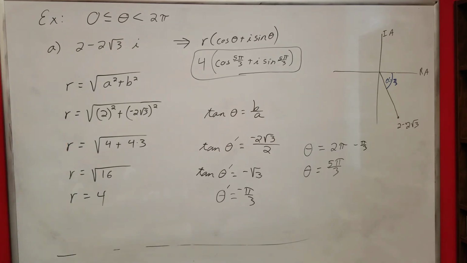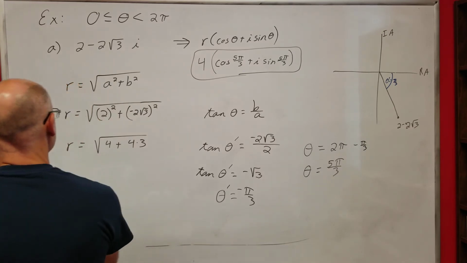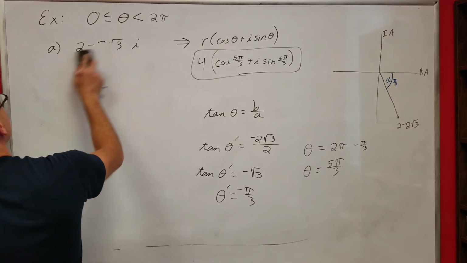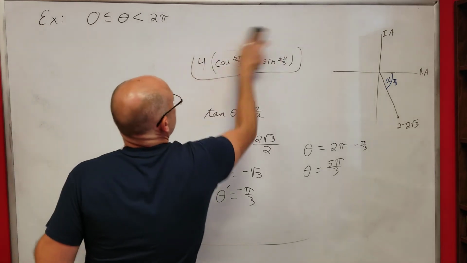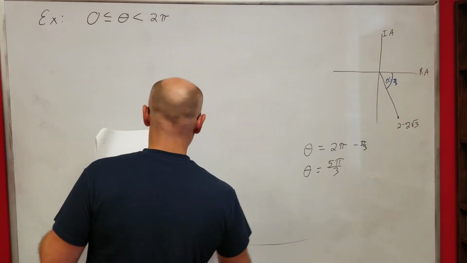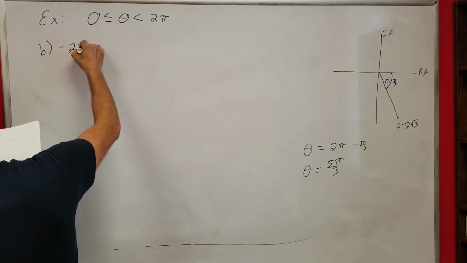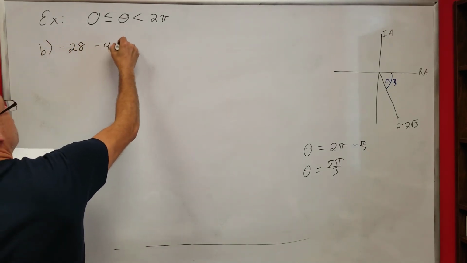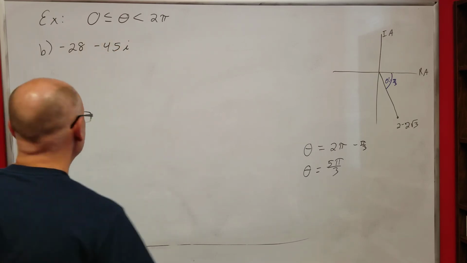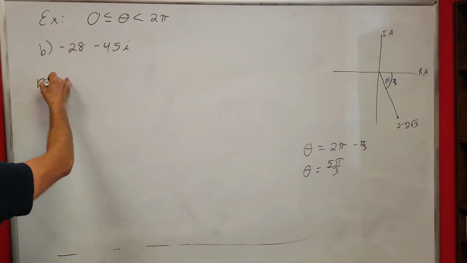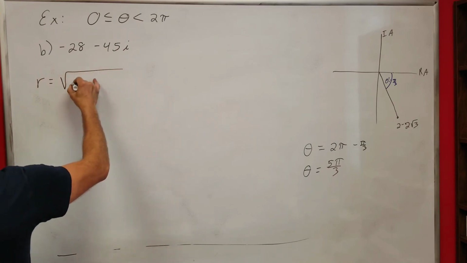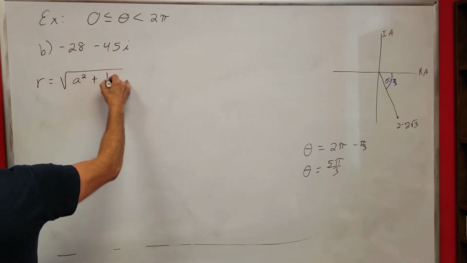How about part B? All right, so if I want to look at part B, I'm going to be looking at negative 28 minus 45i. All right, so let's find r first. r is equal to the square root of a squared plus b squared, right?